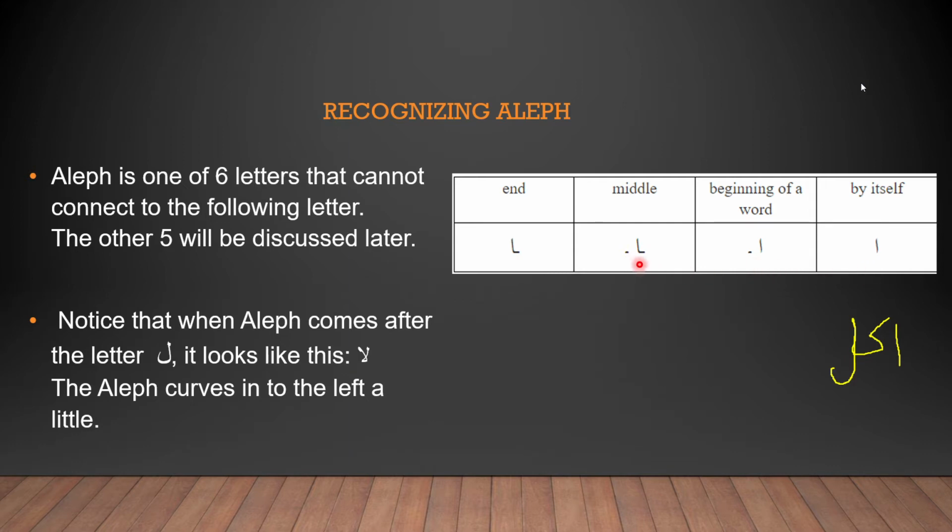In the middle, the difference is more seen because we can say that there is a small line between them. This line will help us to differentiate the alif form. So if I take an example of a word for the middle form, you'll see babun.